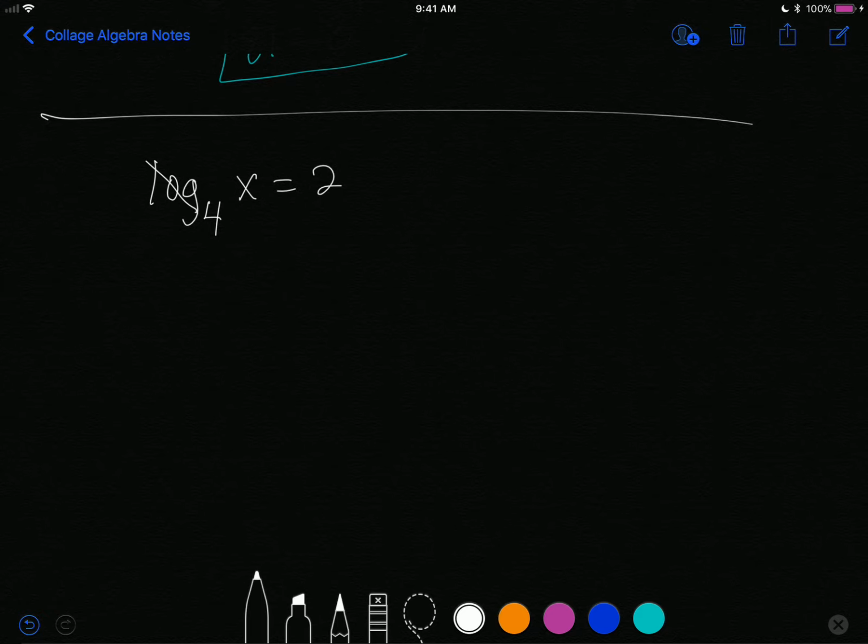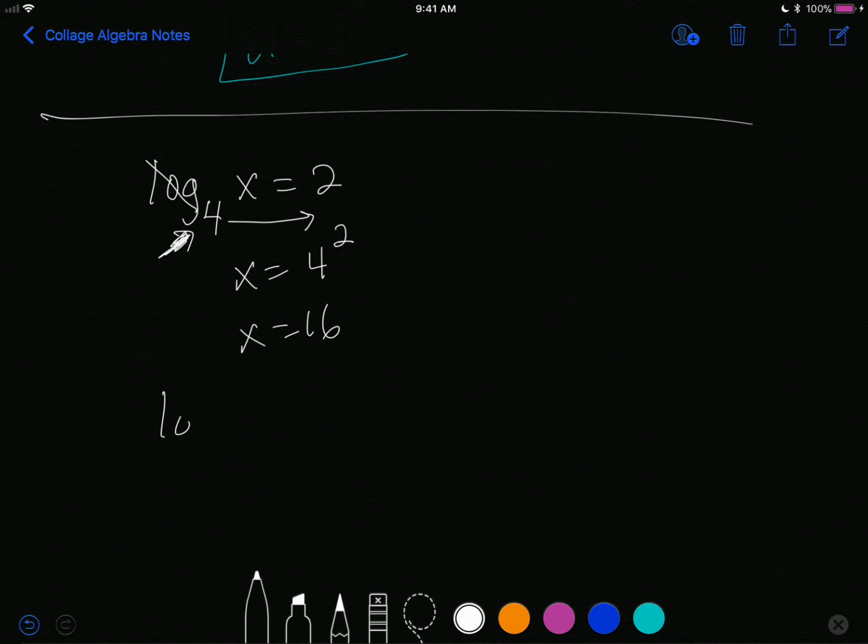Again, I drop the log, and I take the base to the other side, and that leaves me with x equal to 4 raised to the 2nd power. Again, 4 is the base here, it will always be the base. Well, what's 4 squared? 16, and that's the answer to my problem. Look at that. Solve the log equation just like that.